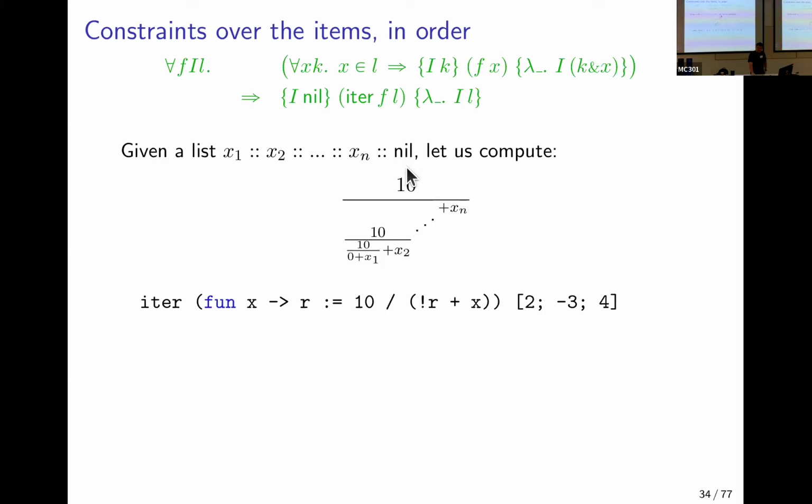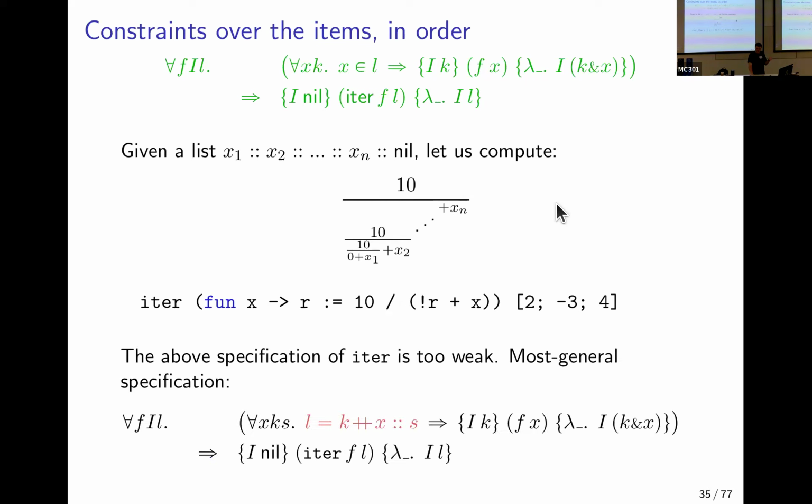Say you want to compute this fraction, then you need to know the specific order in which the function f is called, because otherwise you won't be able to prove that the divisor is not 0. So in this case, you can have a bit more complicated hypothesis on K that says K snoc X is a prefix of L.